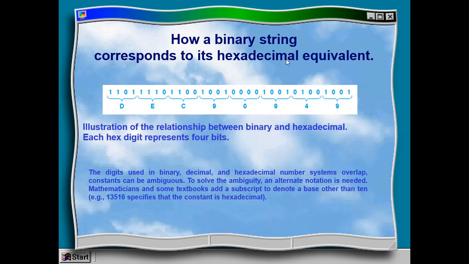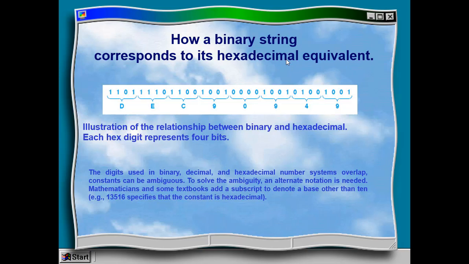This is how it's represented, and if you have a challenge, you can search more. You can study about the notation for hexadecimal and the binary constant, because the digits used in binary, decimal, and the hexadecimal number system overlap. That's something very important.